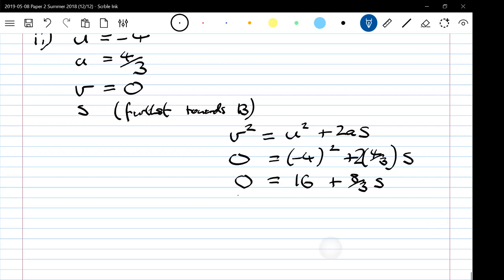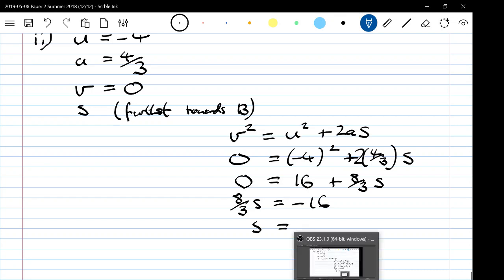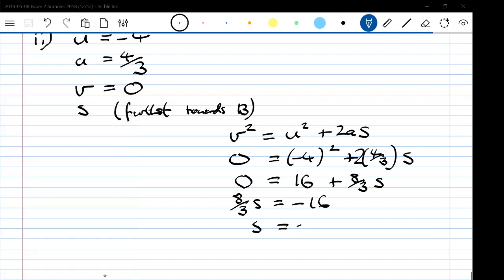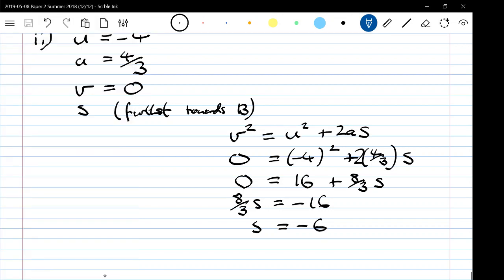So 8/3 of S is minus 16 if I rearrange the equation, giving me that S is minus 16 divided by 8/3, which gives me minus 6. So the furthest away from O towards B it ever is 6 meters.